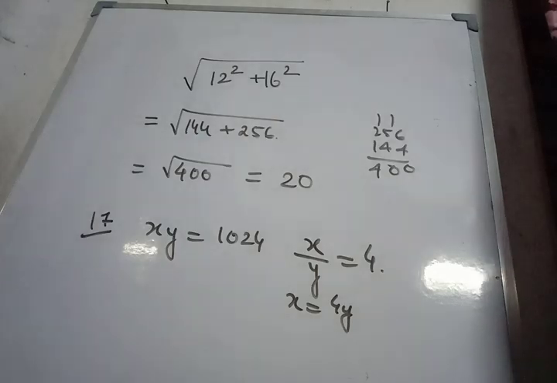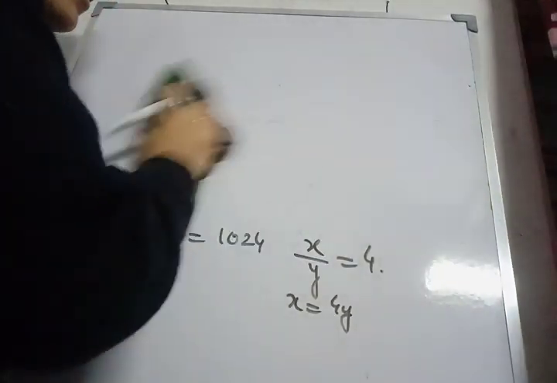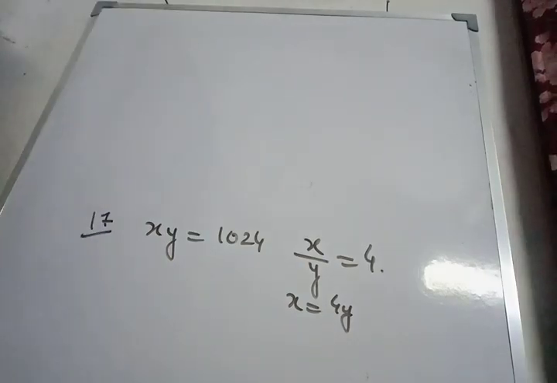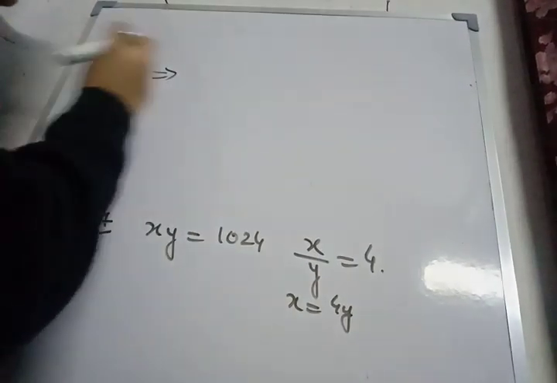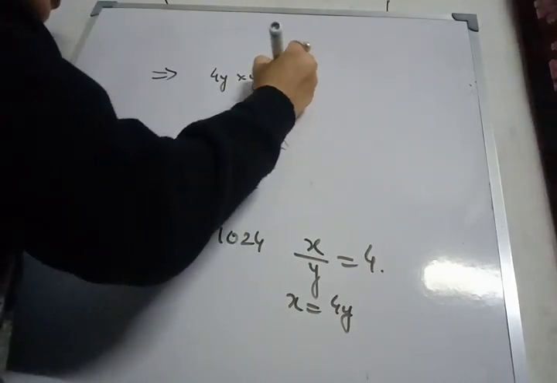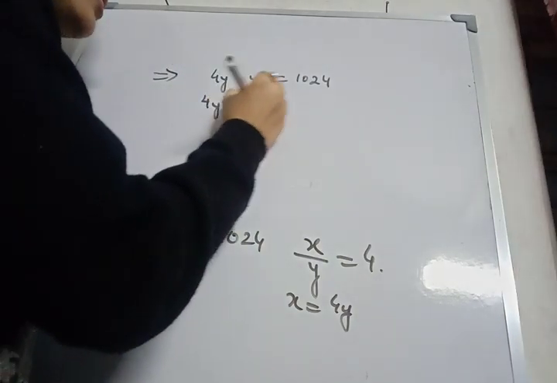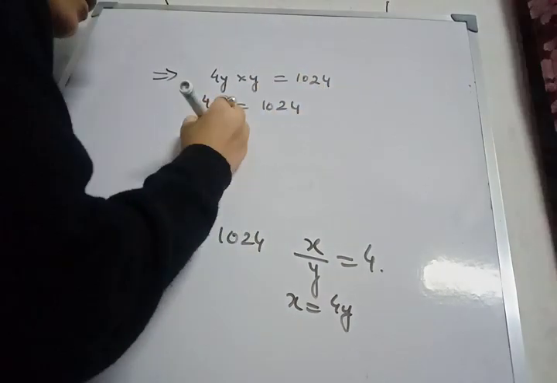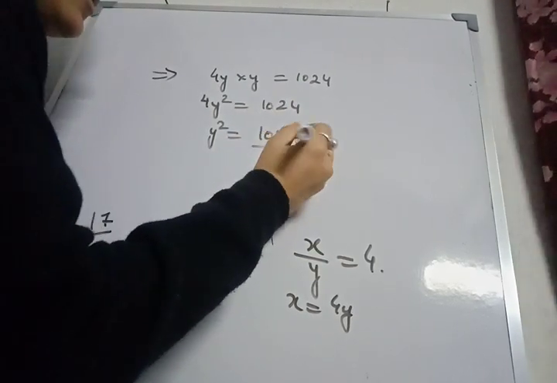Now we are going to put the value in this particular equation. So xy equals 1024. If I put the value of x as 4y, 4y square equals 1024, y square equals 1024 by 4.